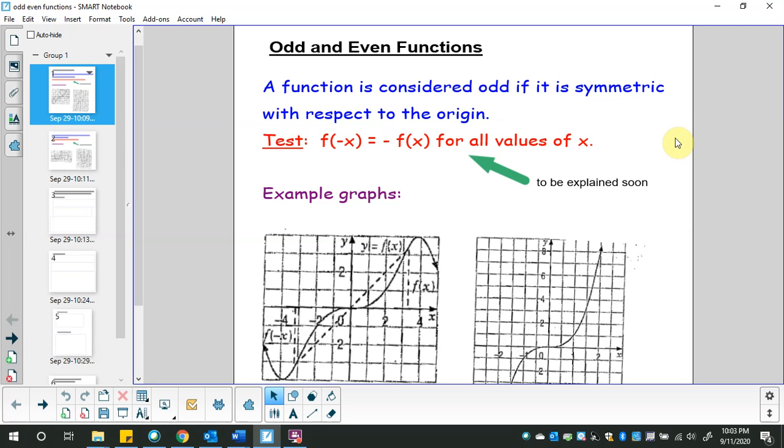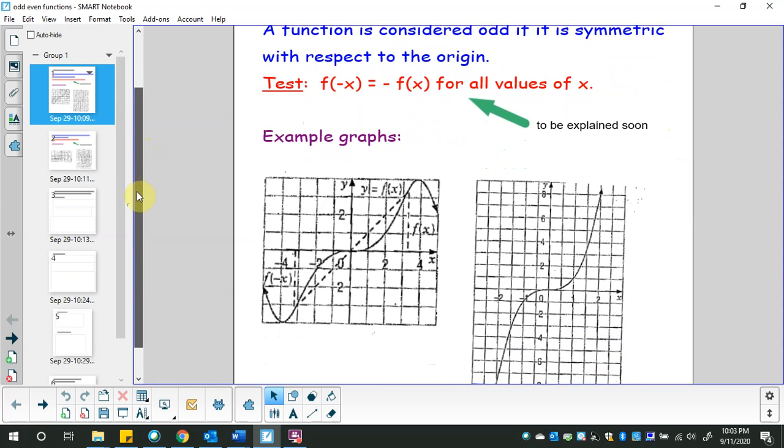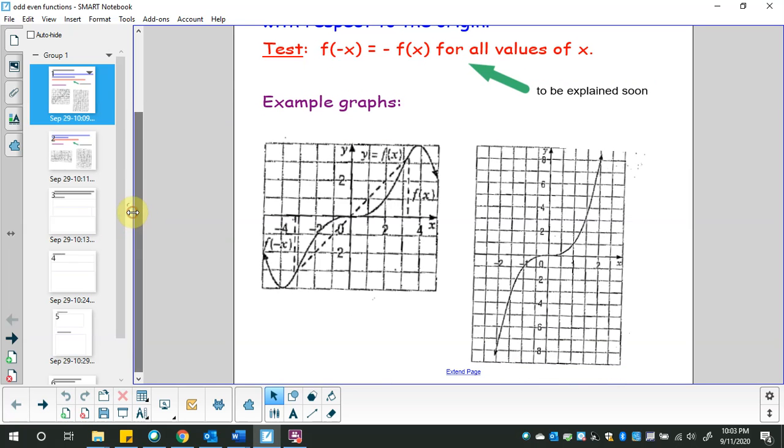So a function is considered odd if it is symmetric with respect to the origin. Now, you can look at that a couple of different ways. I'm going to show you a couple of different ways with both these pictures. We'll look at the one on the left first.